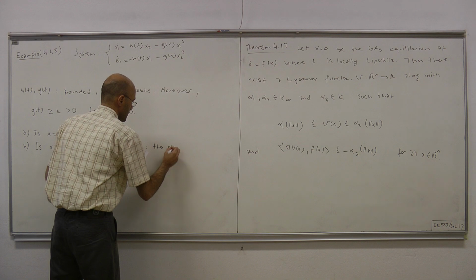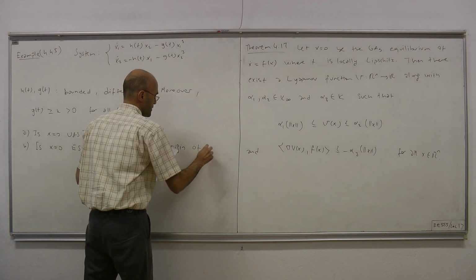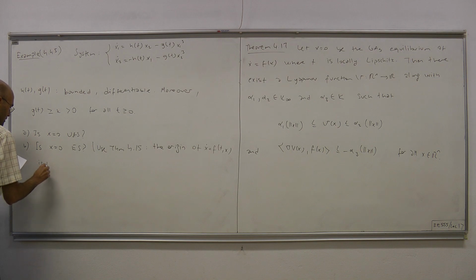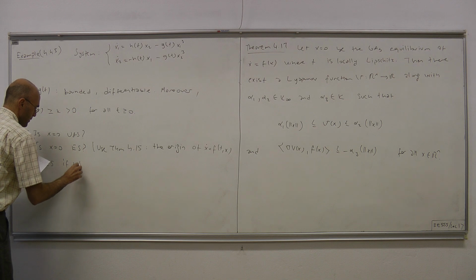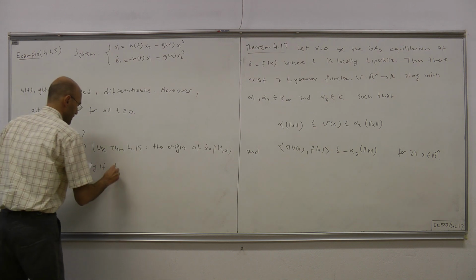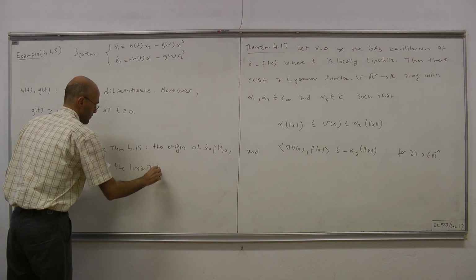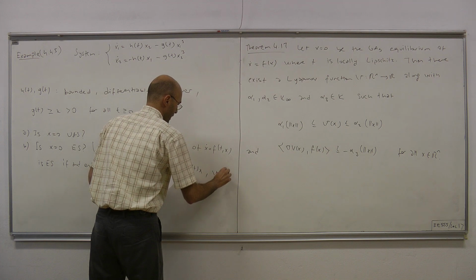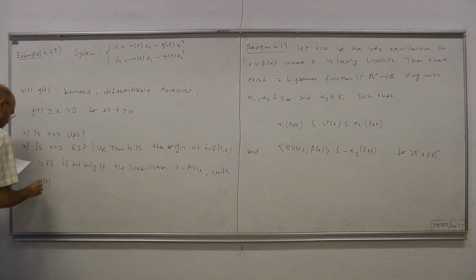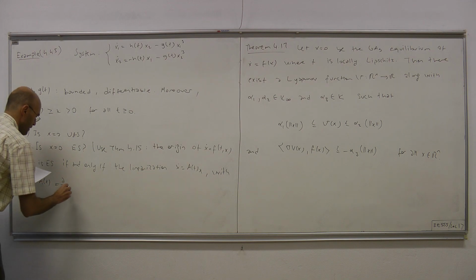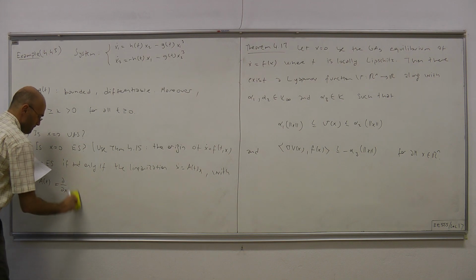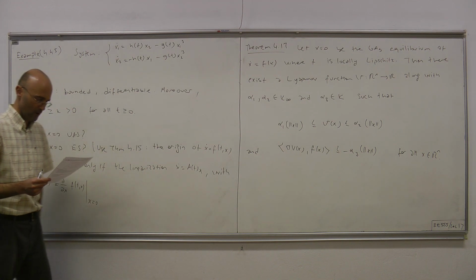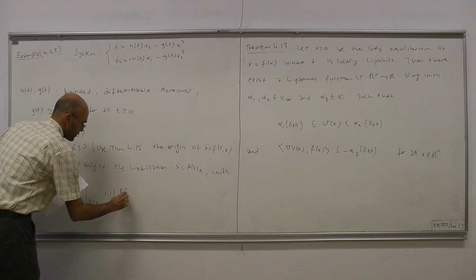The origin of x dot equals f of t, x, the origin of the non-autonomous system, is exponentially stable if and only if the linearization x dot equals A of t times x, with A of t defined as the following Jacobian, partial f of t, x with respect to x, evaluated at the equilibrium point, the origin, is exponentially stable.